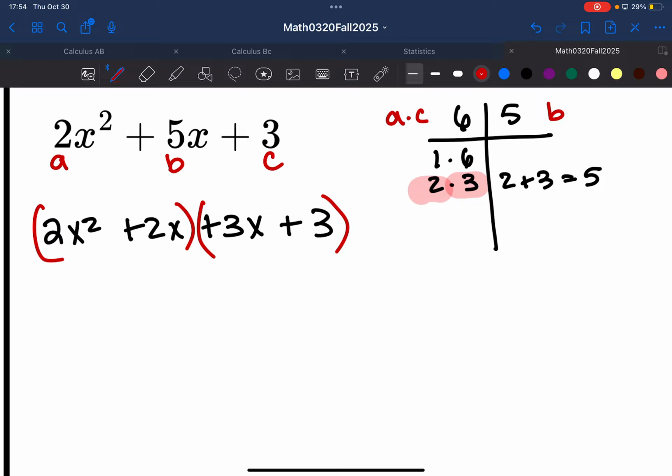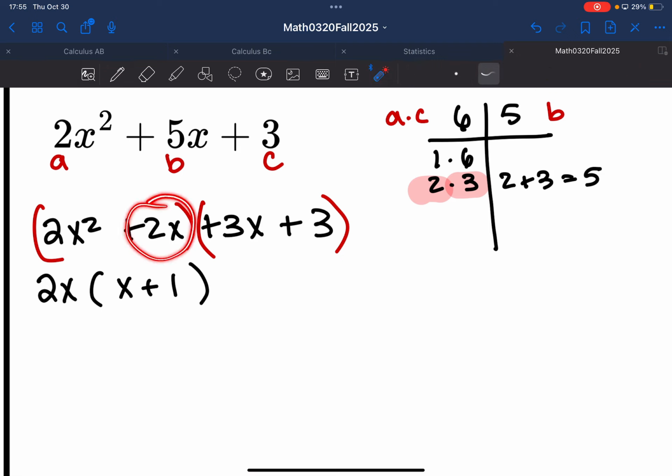What would the GCF of the first parentheses be? 2x, good. So if I take out a 2x, what would I be left with? X plus 1, right? This is a 2x, and if we divide that by 2x, these values cancel out, and we're left with just 1.